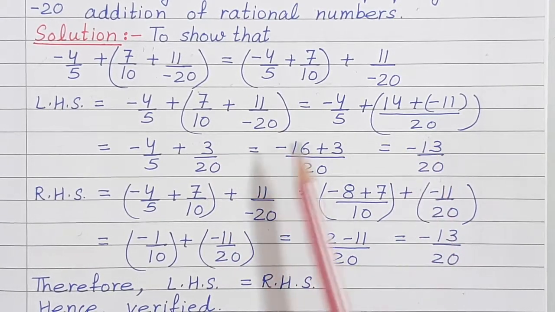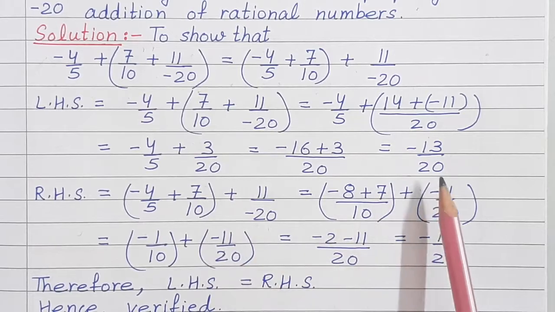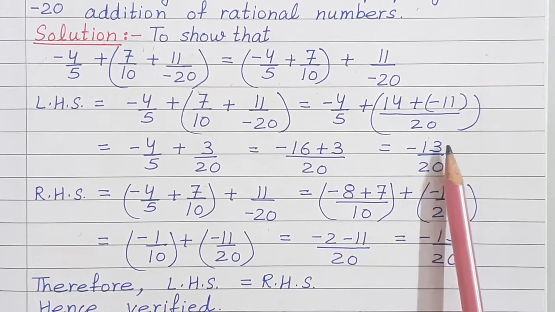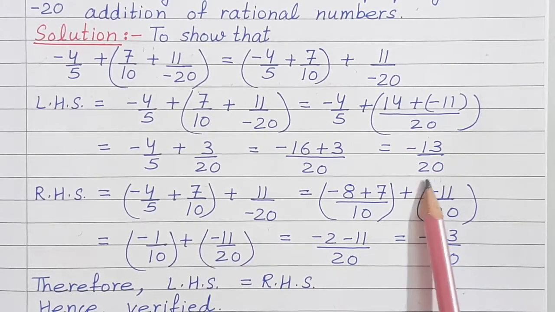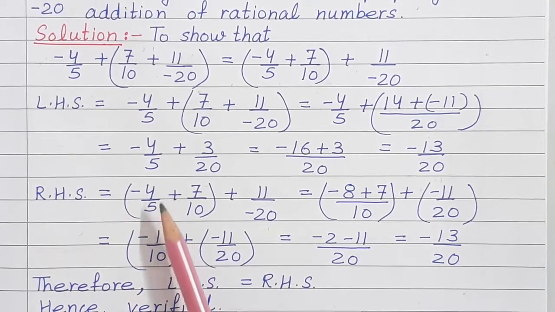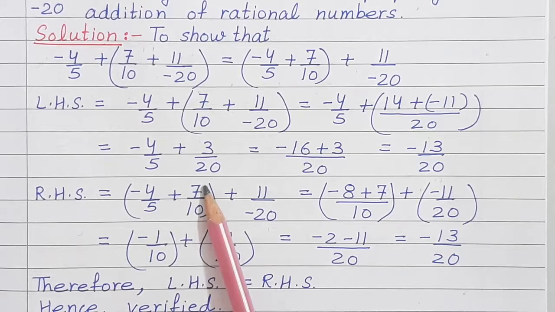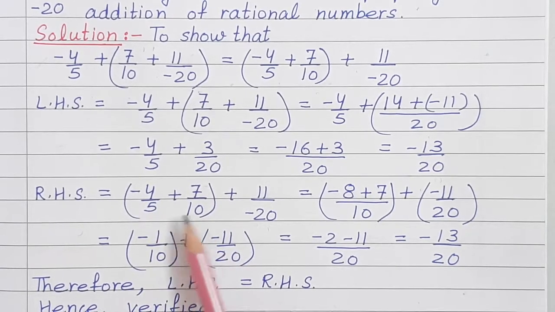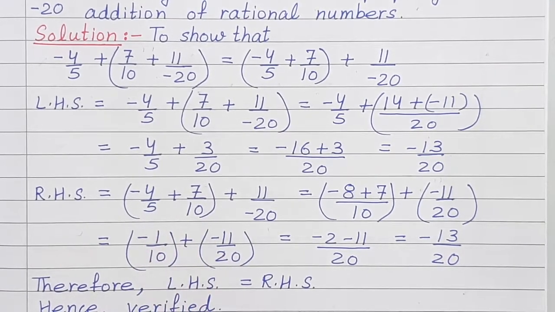So after solving this, the answer is minus 13 upon 20. Similarly, the right hand side, minus 4 upon 5 plus 7 upon 10. Here the LCM of 5 and 10 is 10. Clear? So here again, after solving this, the answer is minus 13 upon 20.